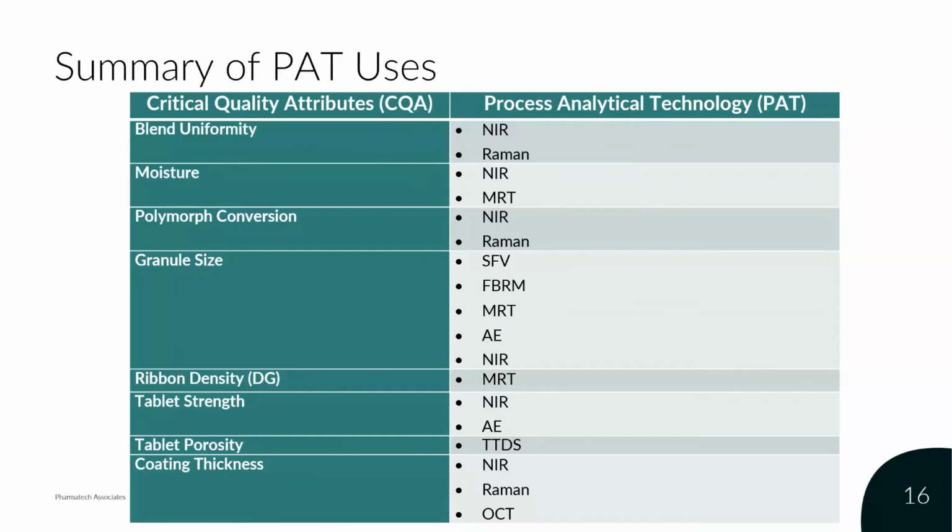Much of this data that is collected by PAT sensors, however, does require a multivariate statistical analysis to relate the data that you have, to relate the numbers, to convert that into a practical understanding of the process. This sort of statistical analysis focuses on the relationships between more than one outcome variable.